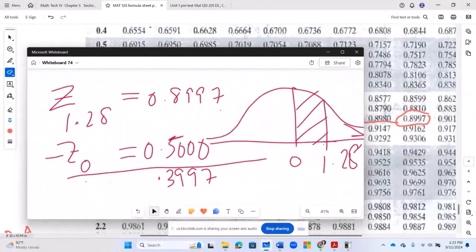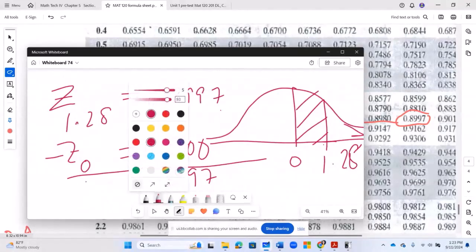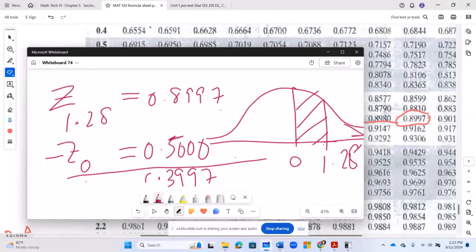Therefore, the area between 0, the mean, and 1.28 is 39.97%, if you're told to leave your answer in percent. So that's how to read the chart when the question is between. If you're reading the chart for between, that's how you read the chart.